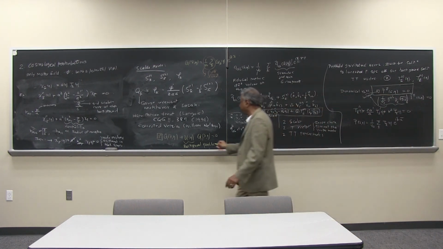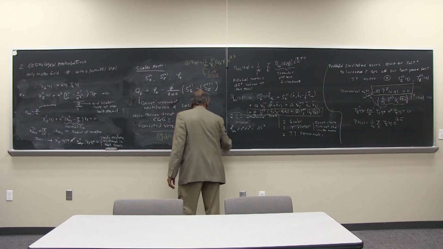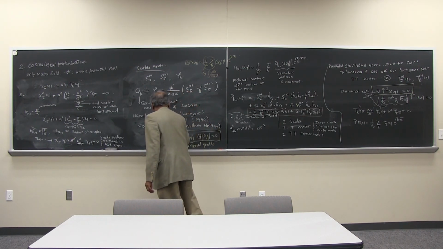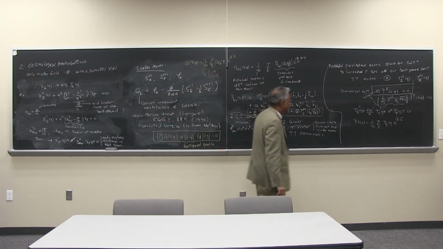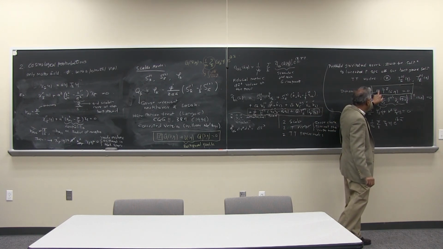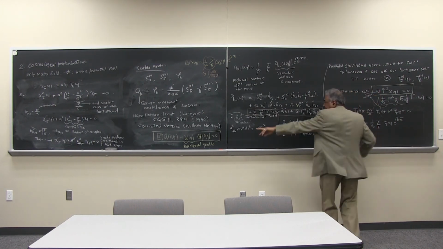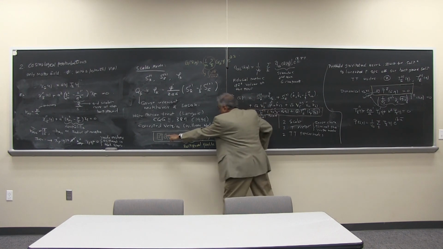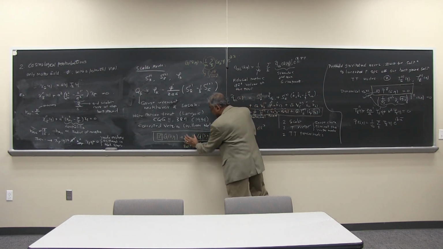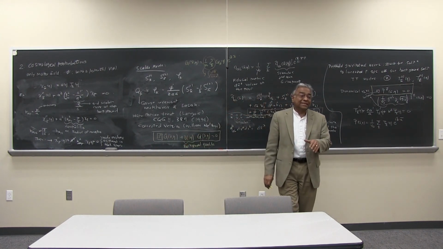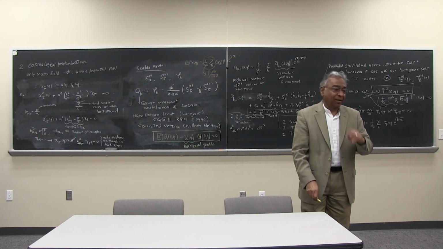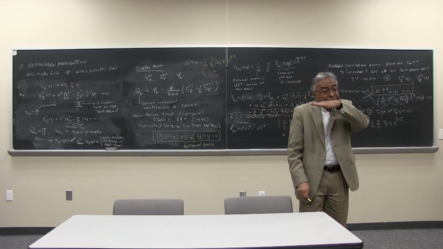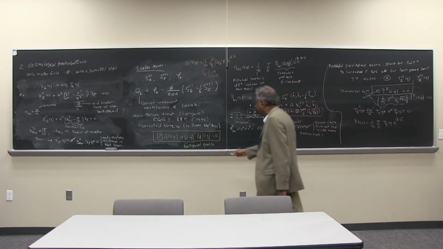Here it is not a source-free wave equation, but it is a wave equation with respect to the background, just like there, plus a certain potential term. But it turns out that when you put the numbers in, during inflation, this term is completely negligible.